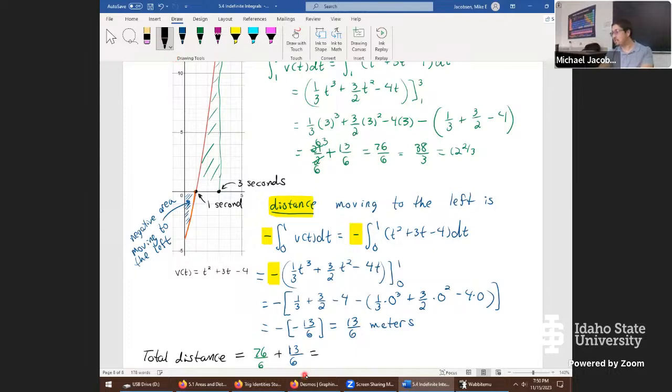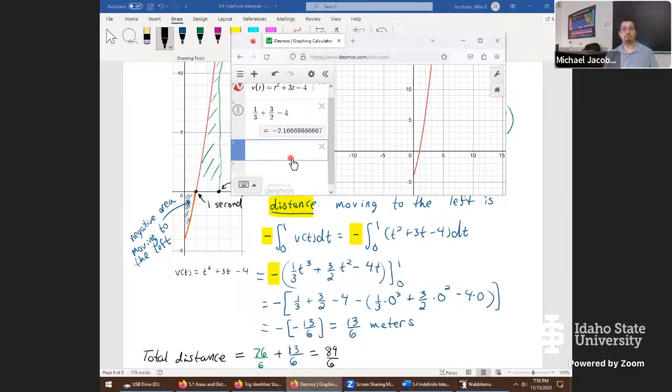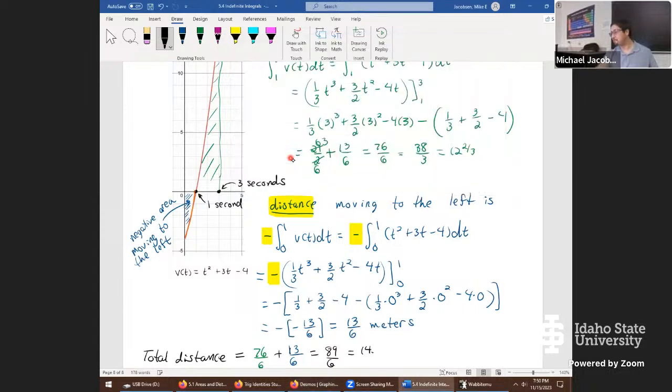And finally, the total distance is seen to be, let's see, 89/6. At this stage, again, you can do a lot with this problem, but I think what most people would do, which is a good call, because it's an applied problem, let's just make this rounded to a couple decimal places. 89/6 altogether is about 14.83 meters.